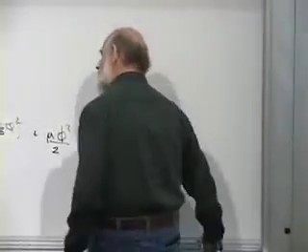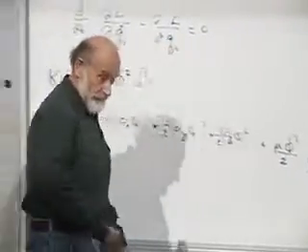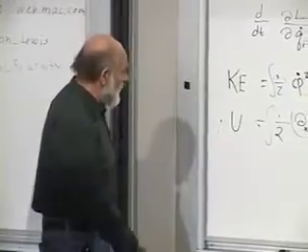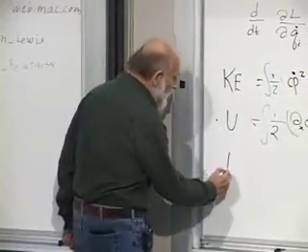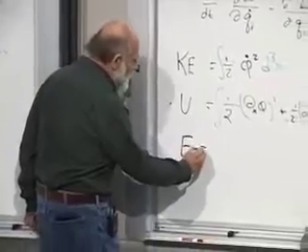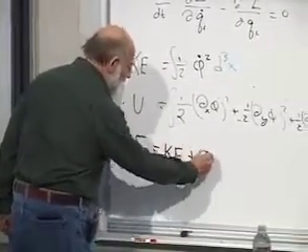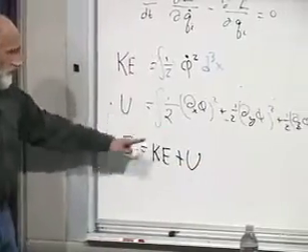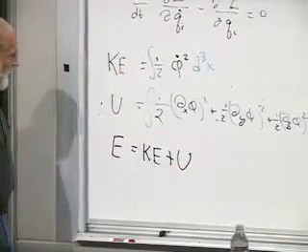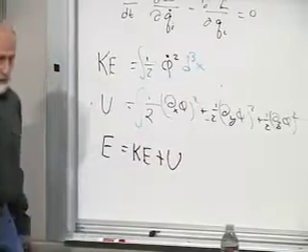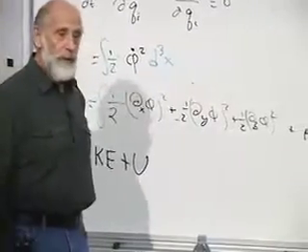Lagrangian is the difference, but the energy itself, which in Hamiltonian mechanics becomes the Hamiltonian, of course, but let's not worry about that. The full energy is kinetic energy plus potential energy. So it's the sum of these. Phi dot squared plus the gradient of phi squared plus mu phi squared.